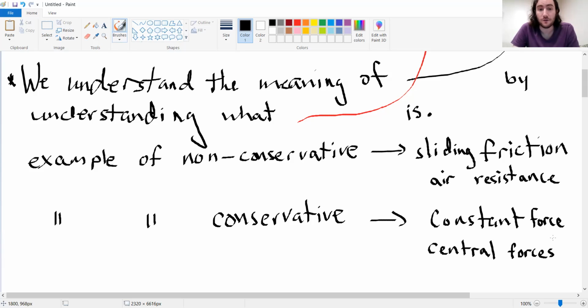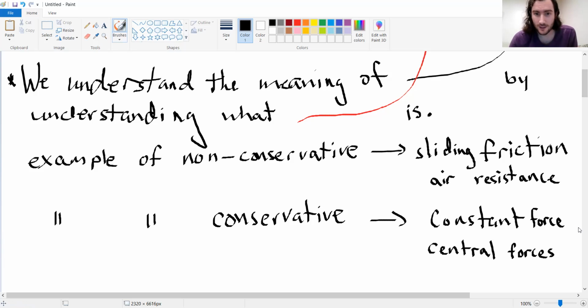It can be conservative under certain conditions, but in general, it is not conservative. As a matter of fact, magnetic forces in general are not conservative.